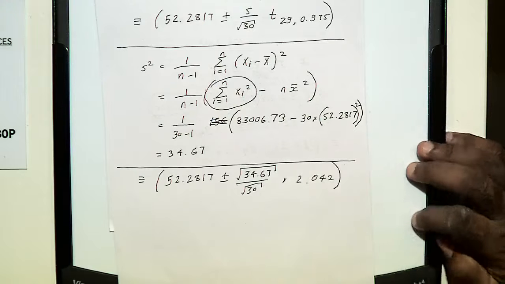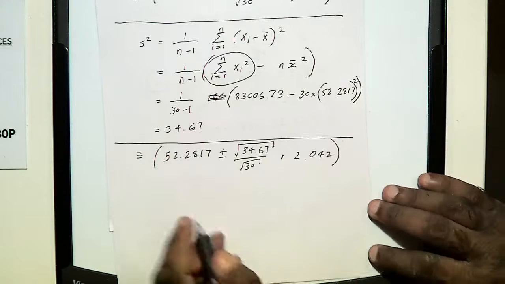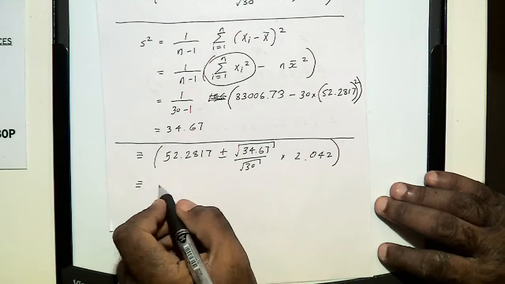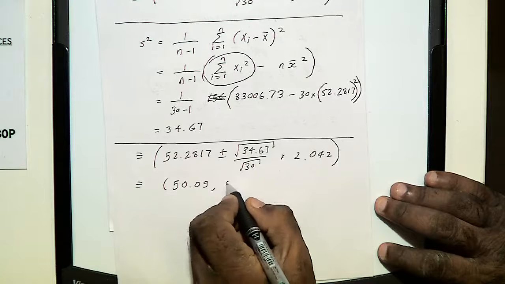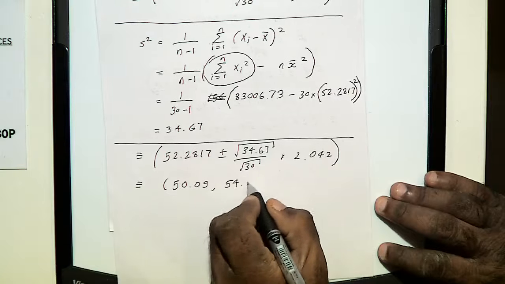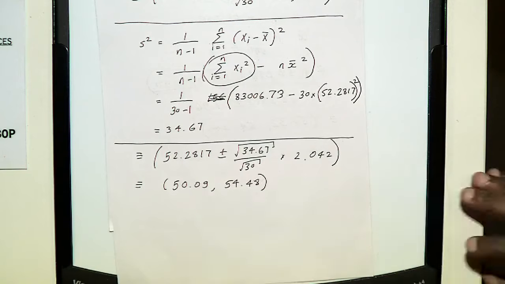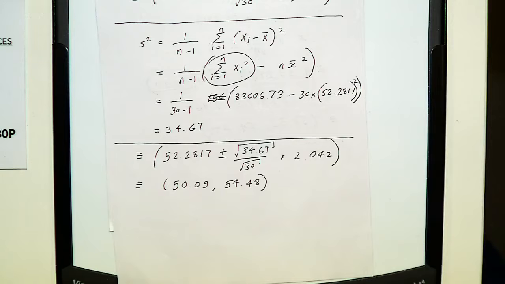All right. Now, if you simplify this, you will get the lower limit to be this, and the upper limit to be this. All right. Are you guys okay with this or not?